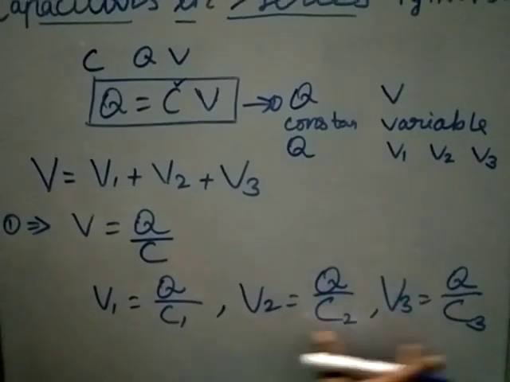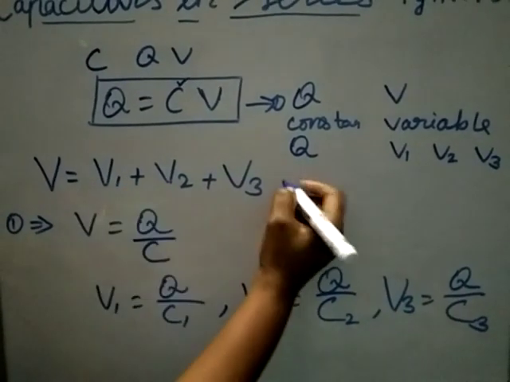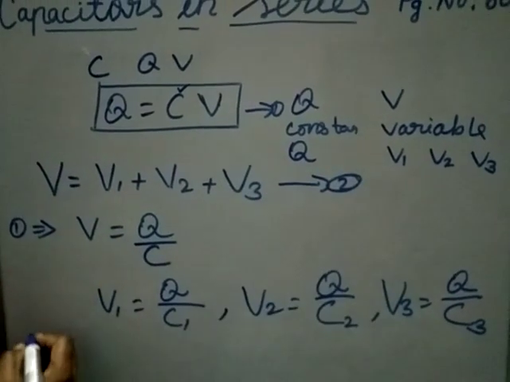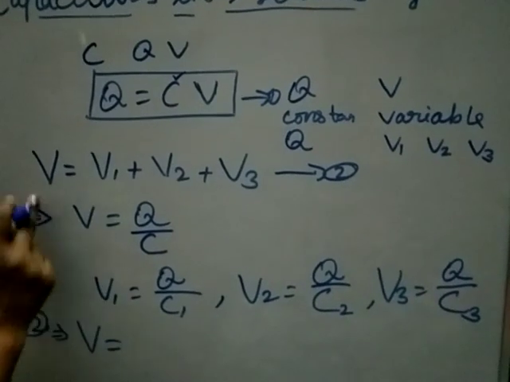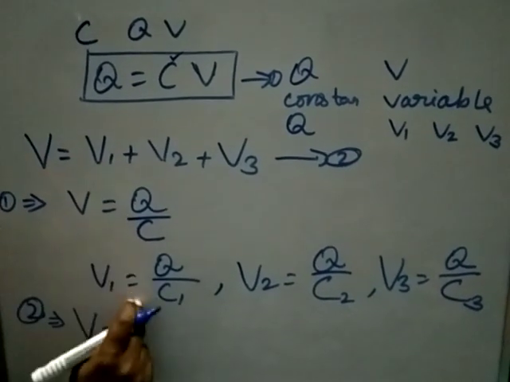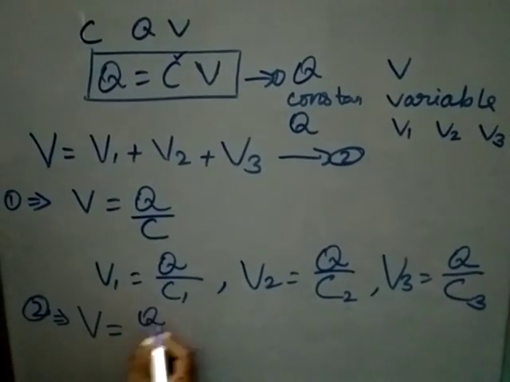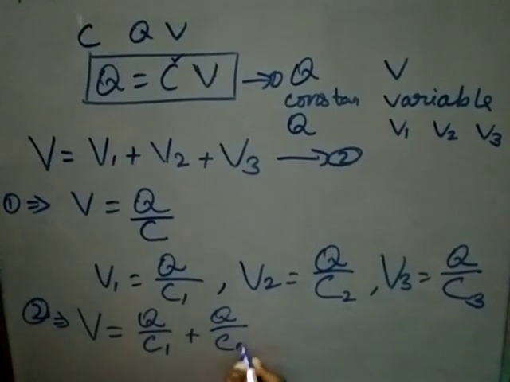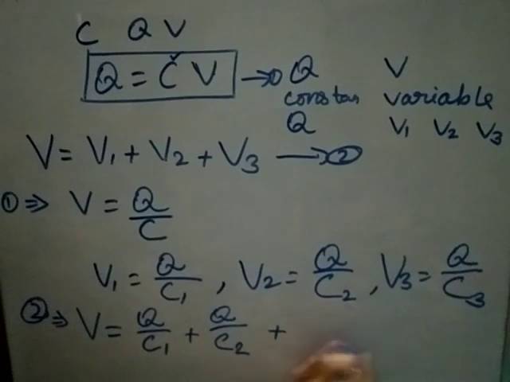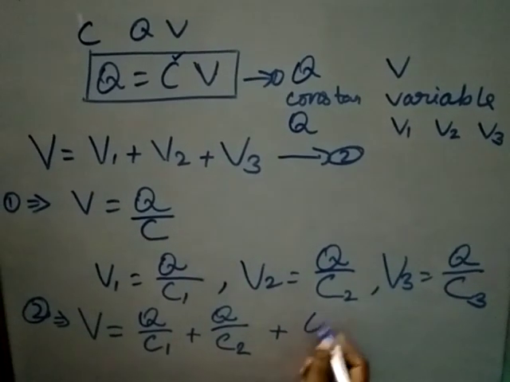Now substitute these values in this equation, equation number 2. So from equation number 2, V is equal to Q by C1 plus Q by C2 plus Q by C3.